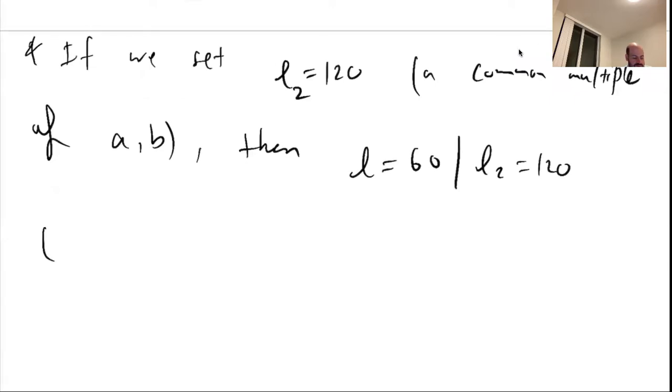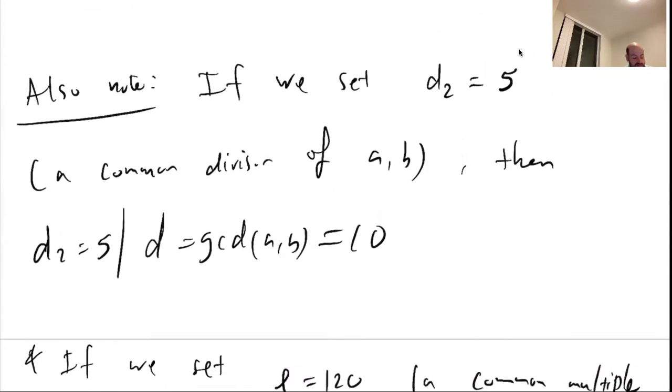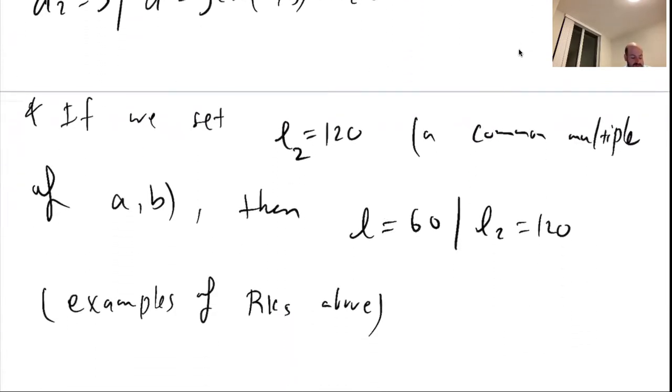So these are examples of the remarks above. That GCD is not only greater than or equal to any common divisor, in fact, any common divisor is a factor of GCD. And similarly, LCM is not only less than or equal to any common multiple, in fact, LCM is a factor of any common multiple.